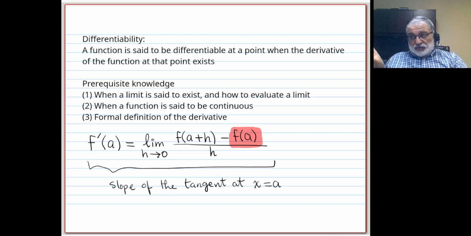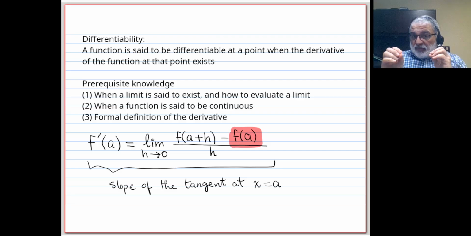If you draw a tangent to the line at that point, this derivative is the slope of the tangent. So let's ask ourselves the following question. Does every line, because the tangent is a line, have a defined slope? The answer is no.